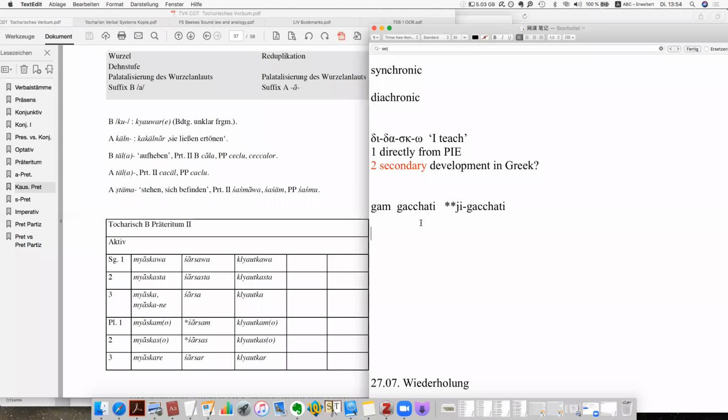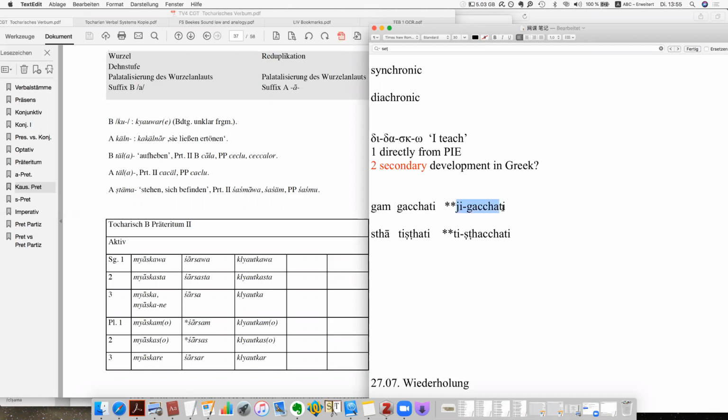And then what about the root stha? The present of stha is called tishthati, right? And there's no such form called tishthachati, right?